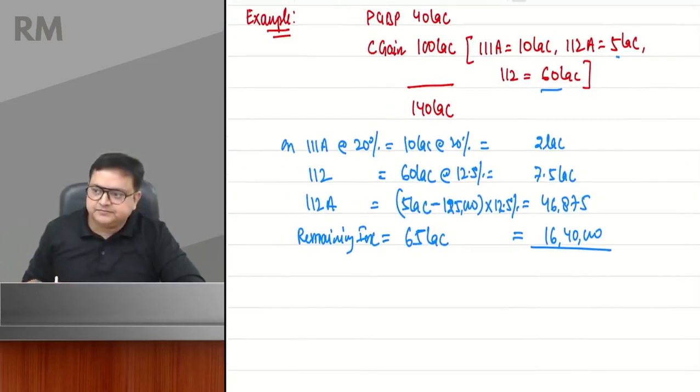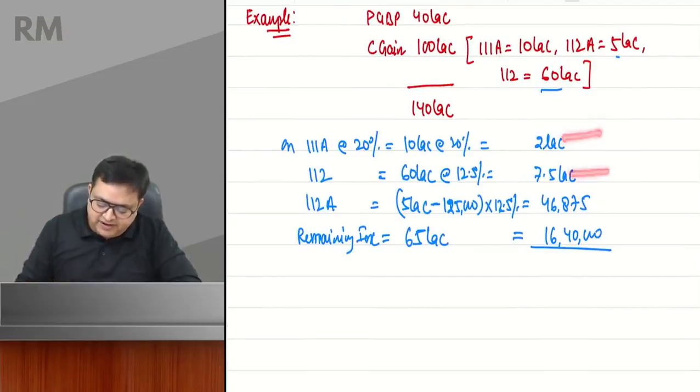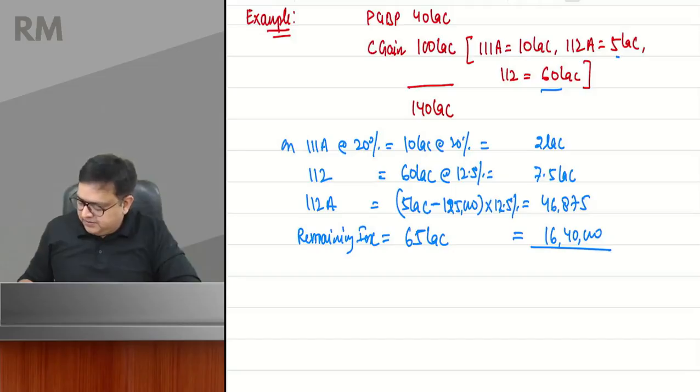Add it. 2 lakh, 7.5 lakh, 46,875, 16.4 lakh. Please be careful because you are having some figures in lakhs and some in normal, so just convert this into normal.